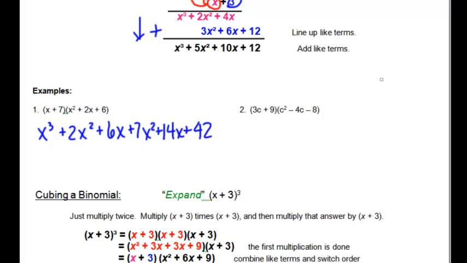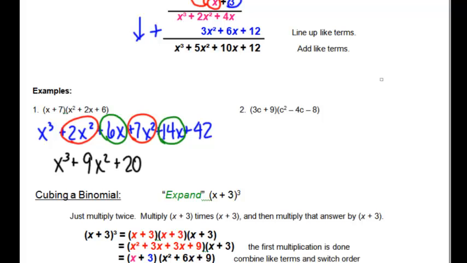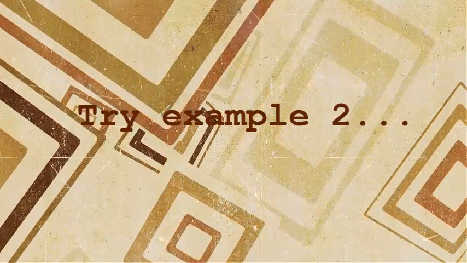I'm going to combine like terms. So I have a 2x squared and a 7x squared. I have a 14x and a 6x. So my final answer will be x cubed plus 9x squared plus 20x plus 42. Go ahead and try number 2 and see what you get.